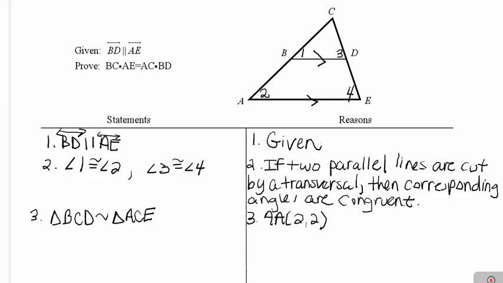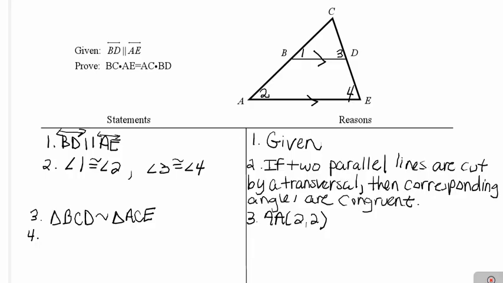And now we can't just jump straight to our conclusion, because remember, the reason for the product is the means extremes product theorem, and that is a fancy way of saying cross multiply. And in order for us to cross multiply, we would need some sort of proportion. So what always comes right after saying similar triangles? Well, I always tell you to write out the extended proportion. Now, do we need to write out the entire extended proportion?